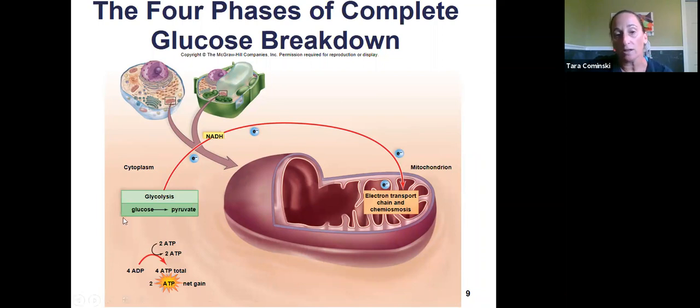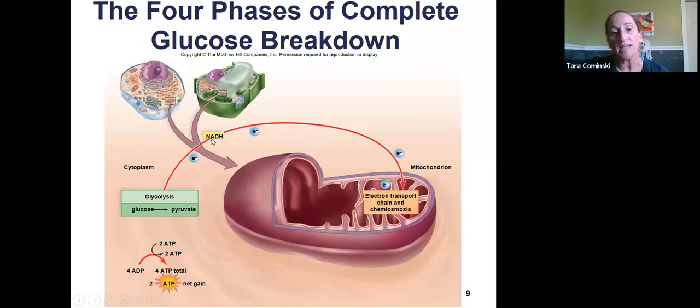In glycolysis, you start with glucose and you end up with pyruvate, 2 molecules of pyruvate. In the process, at the bottom it shows you what ATP is generated. You get 2 net ATPs generated, but you also get NADH produced.